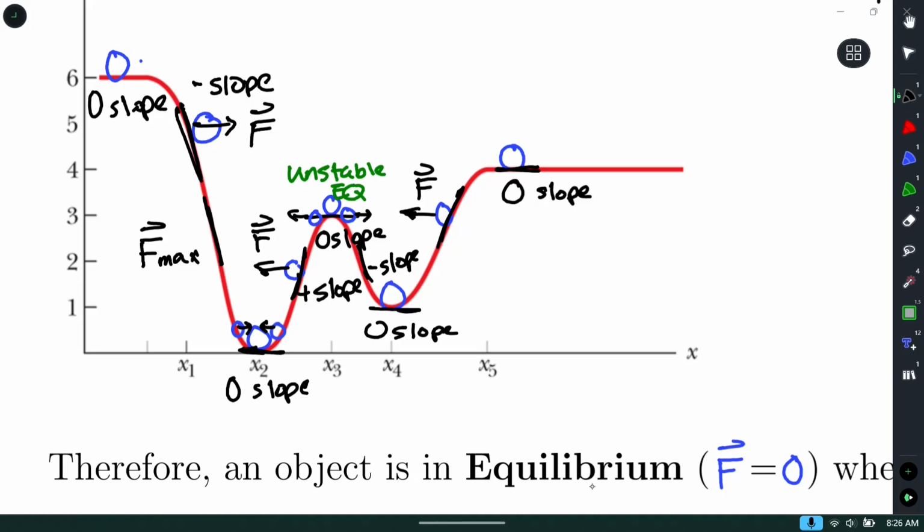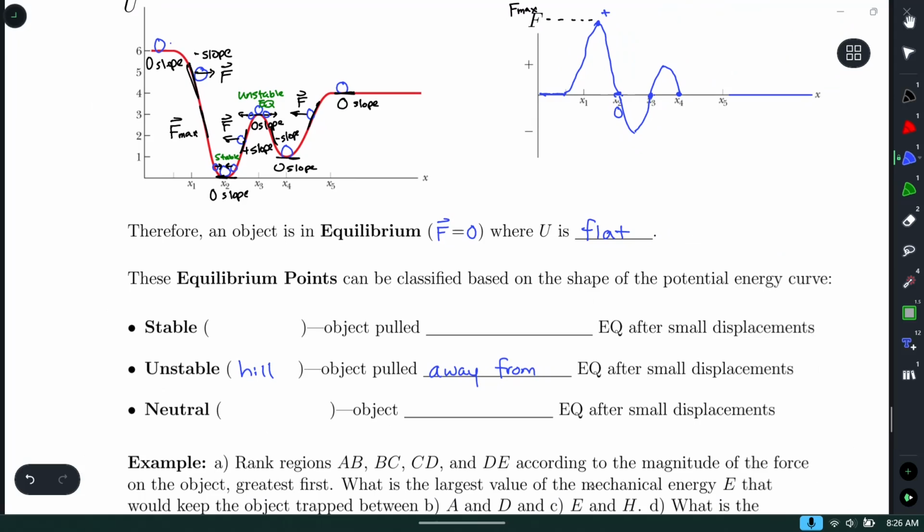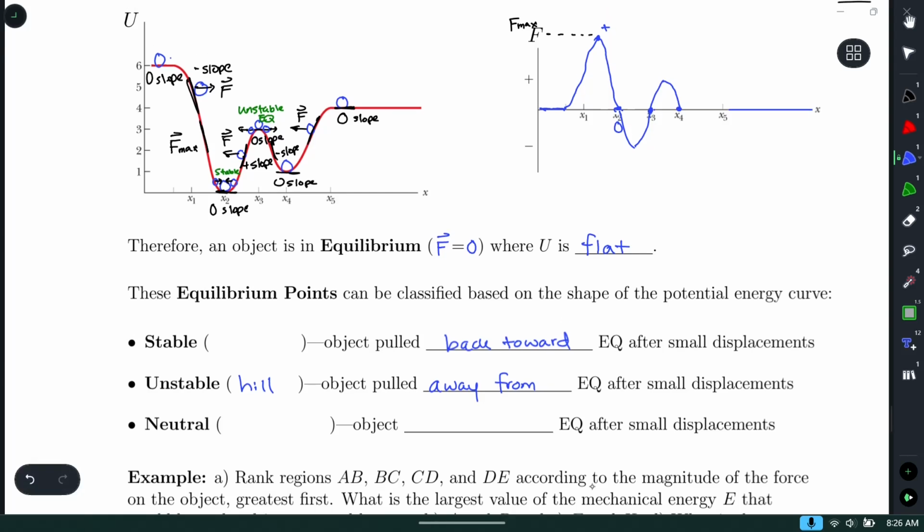In other words, back towards equilibrium. So it's stable because if I displace the object just a little bit away from it, it tends to want to move back towards equilibrium. From calculus, you may recognize this as doing the second derivative test. You're sort of checking concavity in this way. So the valleys are stable.